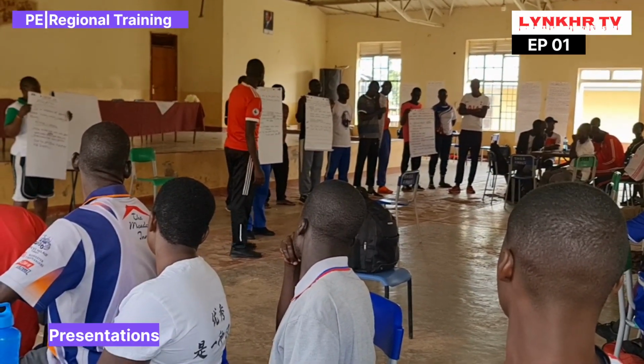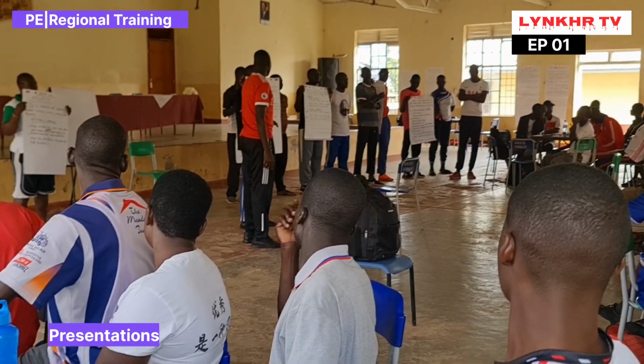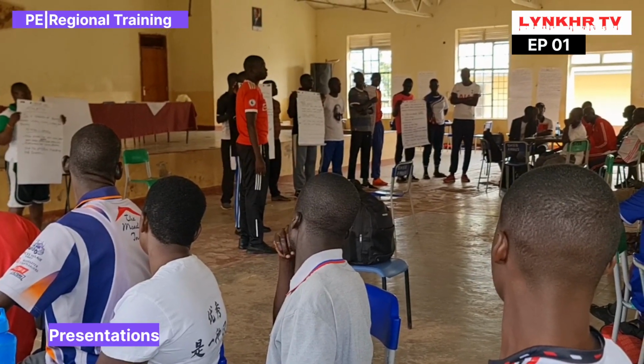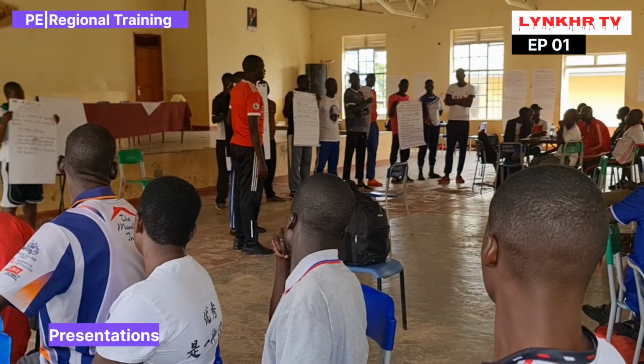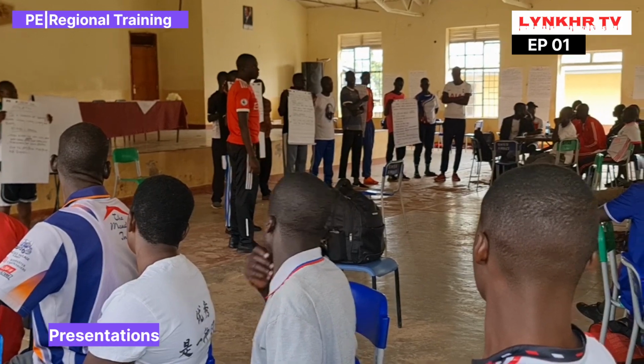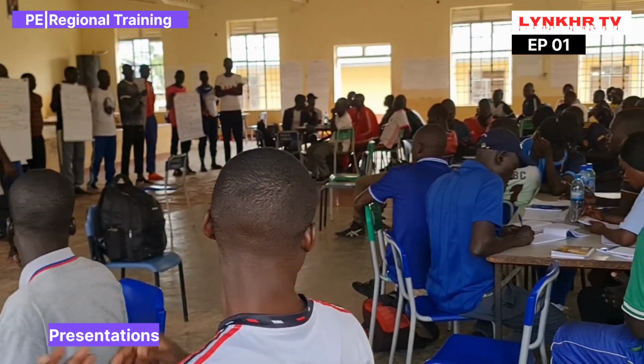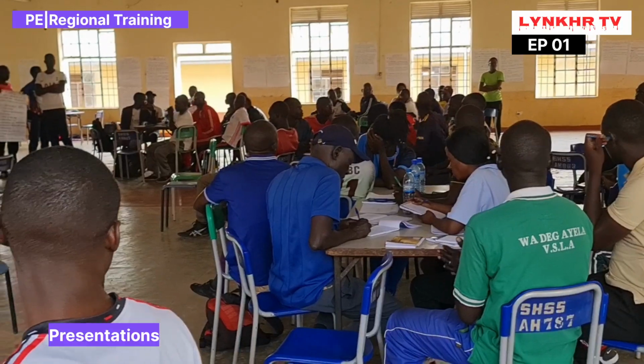Under jumps we have high jump, long jump, triple jump, and lastly pole vault. That is what we came up with as a group.